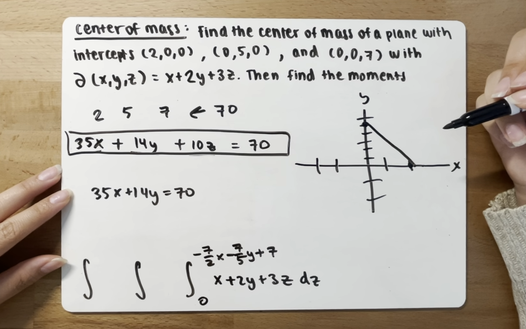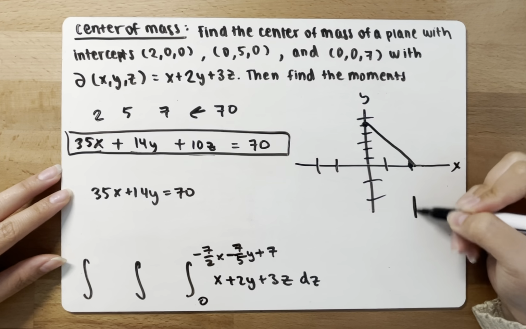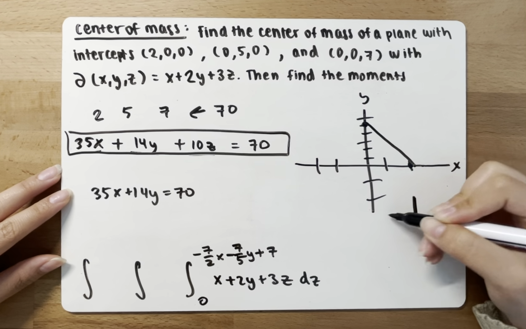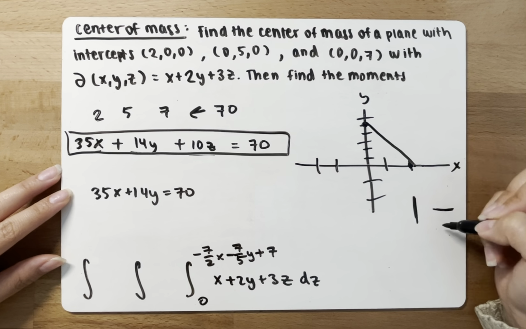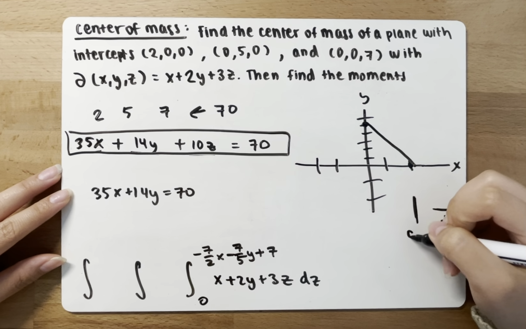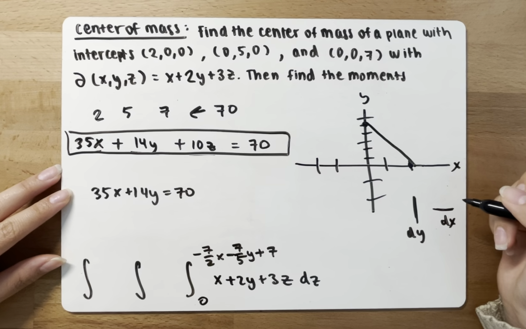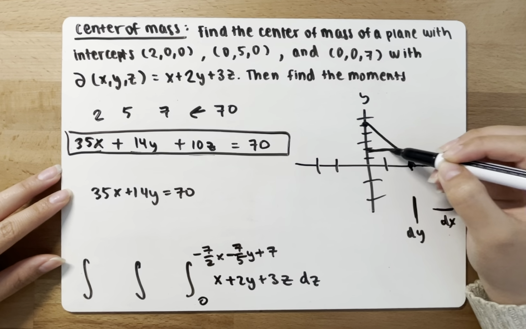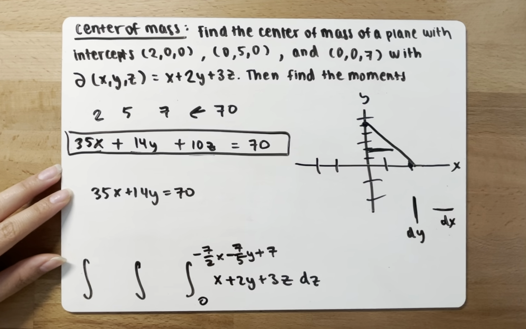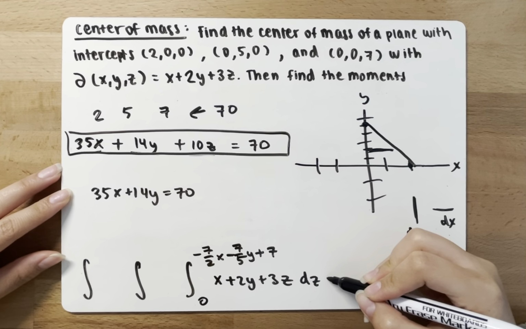Now, you want to figure out whether to do dx or dy. So do you want a slider that goes up and down and slides left to right, or a slider that goes left to right and slides up to down? This is dx, this is dy. Looking at this, I am going to do dx.